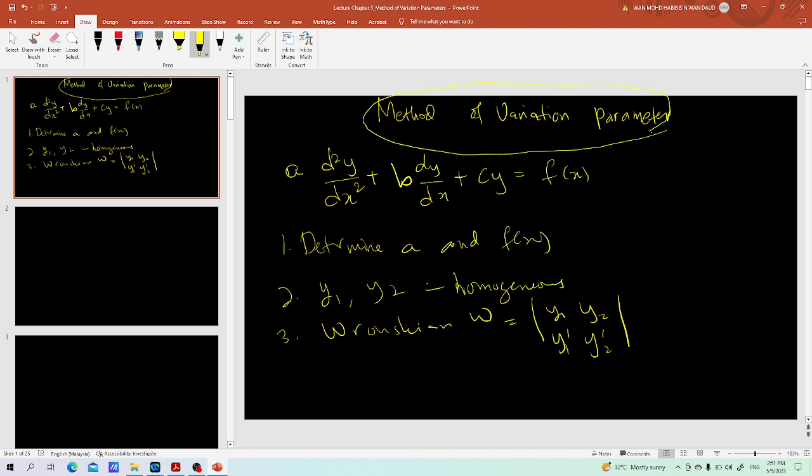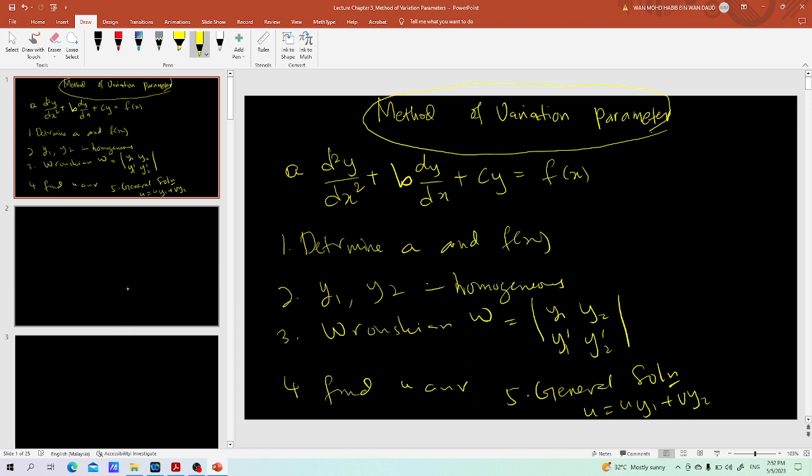And then number 4, find u and v, and number 5 is the general solution, y equals u y1 plus v y2.